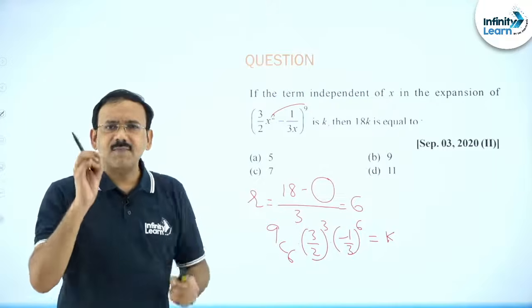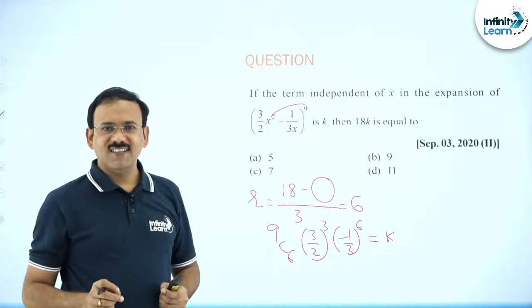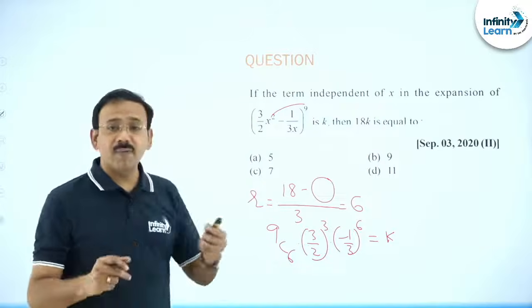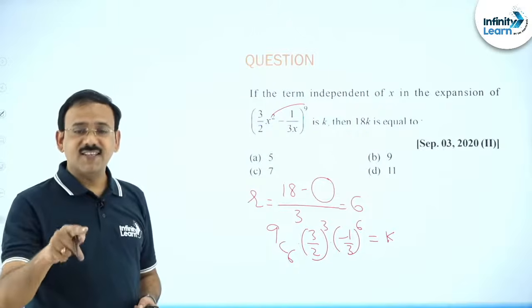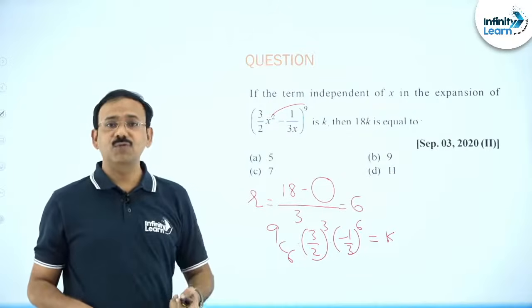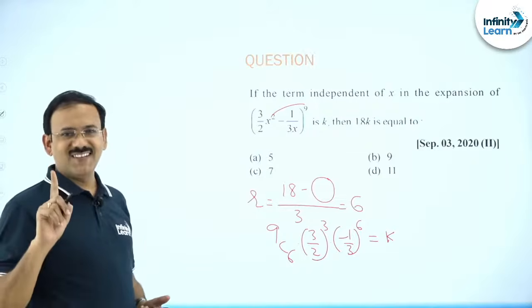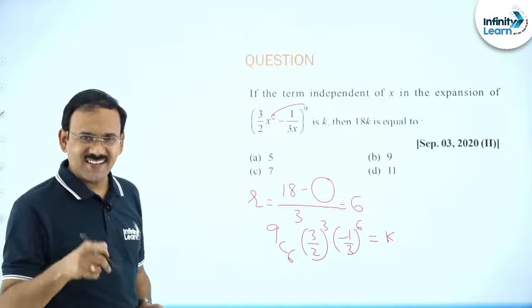It is just a matter of a shortcut. Now you tell me whether we need to remember the shortcut or not. If not, this question will take minimum 2 to 2.5 minutes. If you remember the shortcut, just 1 minute. Am I correct? Right?